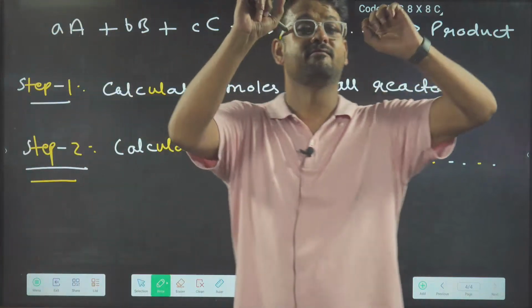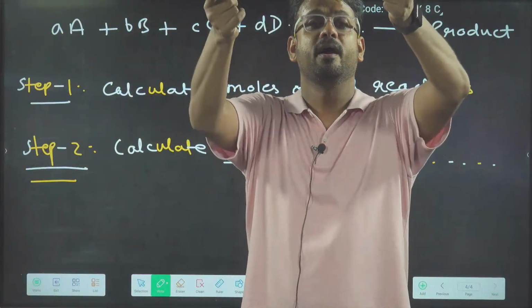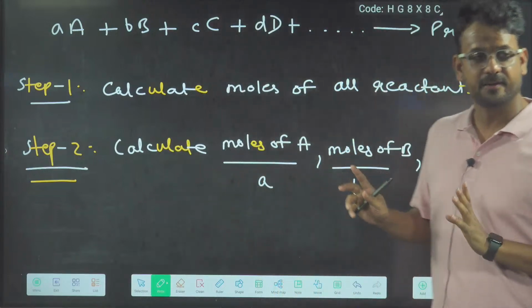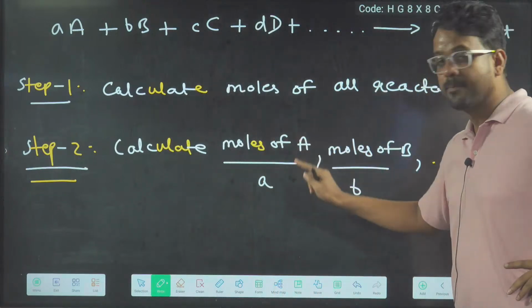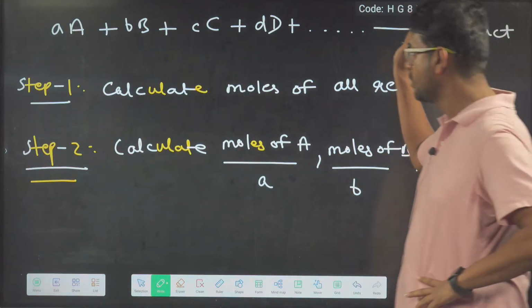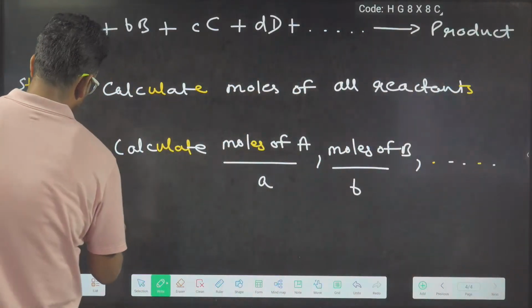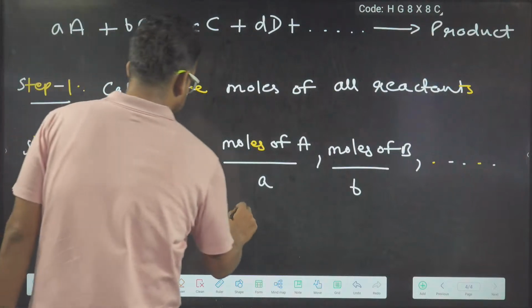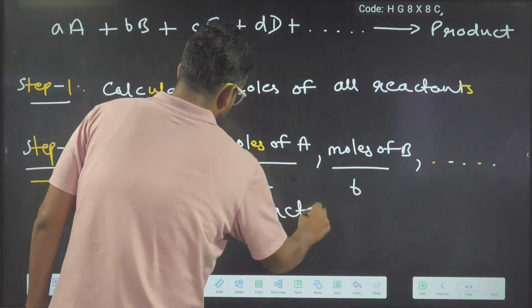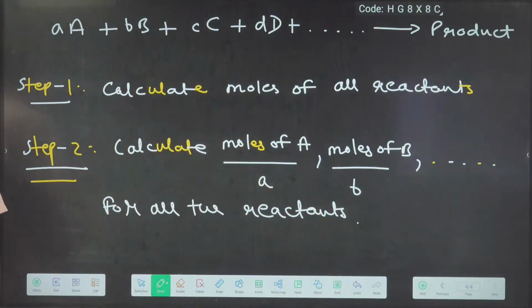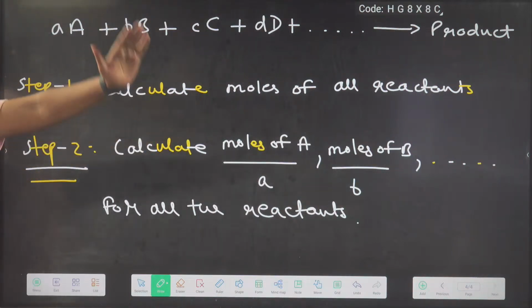There is a reason why I called it the grandpa equation. It is giving the answer to each and everything. Calculate moles upon stoichiometric coefficient for all the reactants. For each and every reactant, calculate moles upon stoichiometric coefficient.